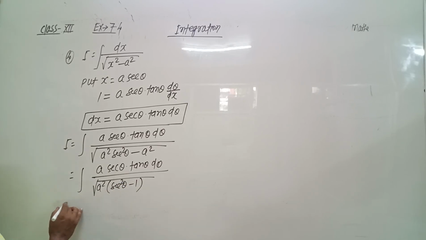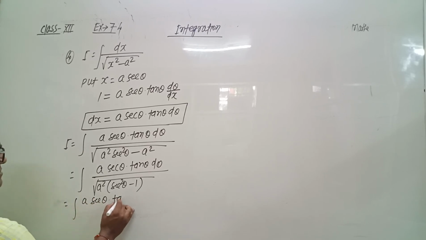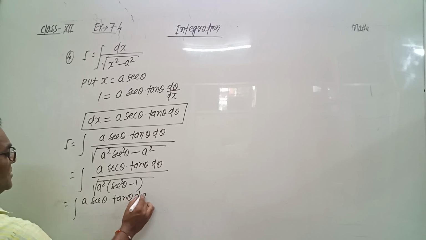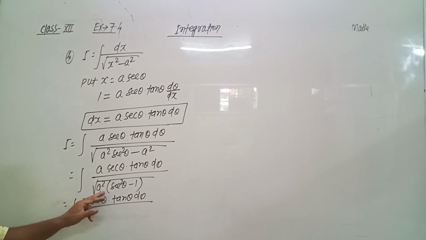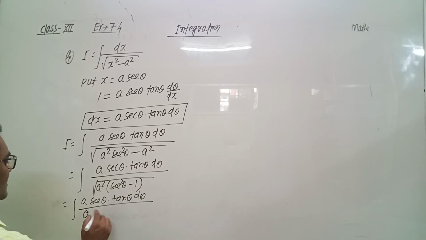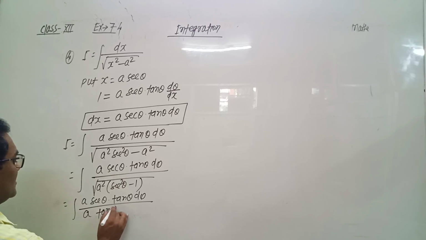Now the square root: a sec theta tan theta d theta upon a square comes outside the square root, it becomes a, and sec square theta minus 1 is tan square theta, so it becomes tan theta. a and a cancel, tan theta cancels.